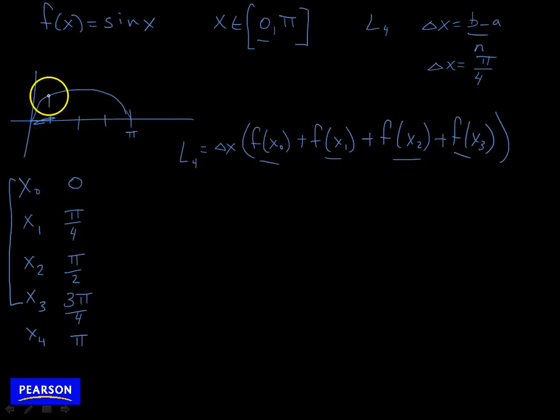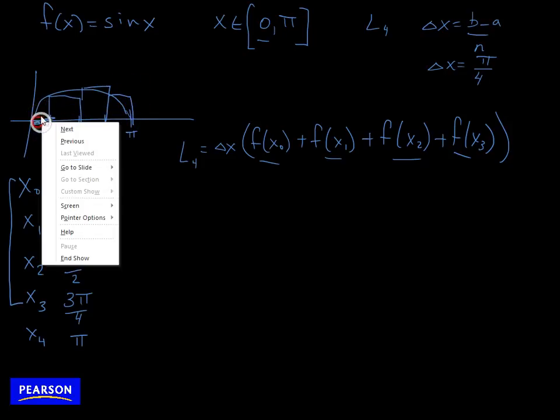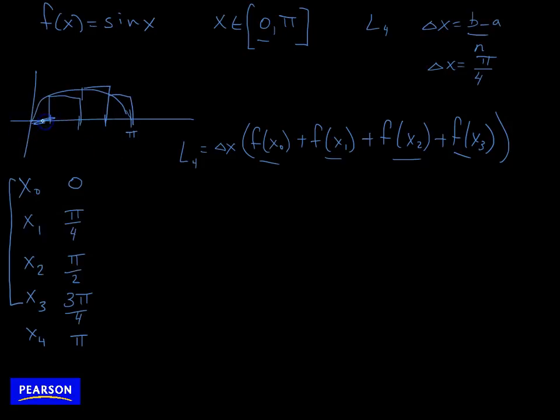Here's the first one, here's the second one, here's the third rectangle, and then here's the fourth rectangle. Okay, so we notice we're definitely pretty low. We're losing some area there, but we have a little overestimate there and a little overestimate there to hopefully make up for it.